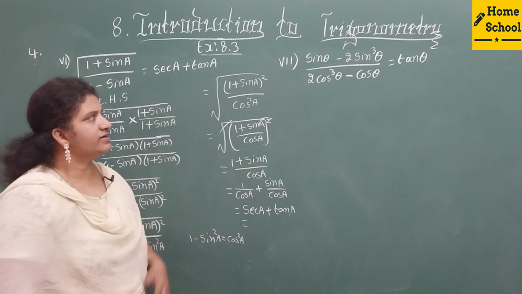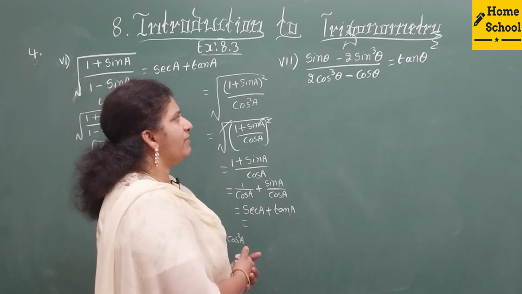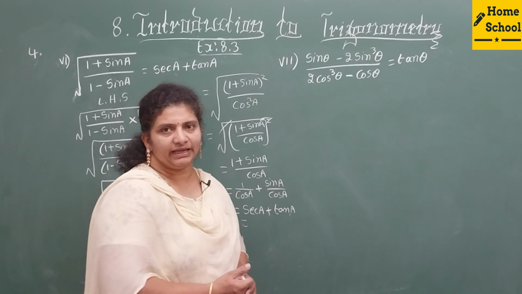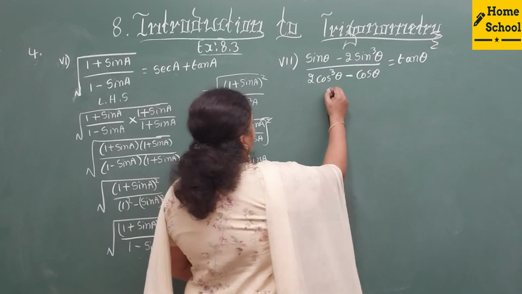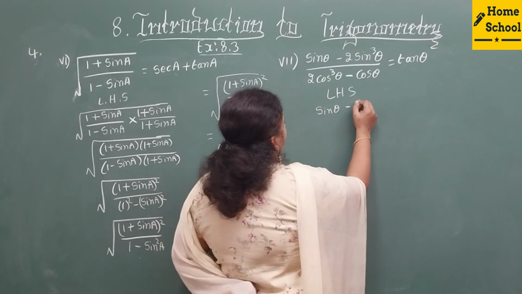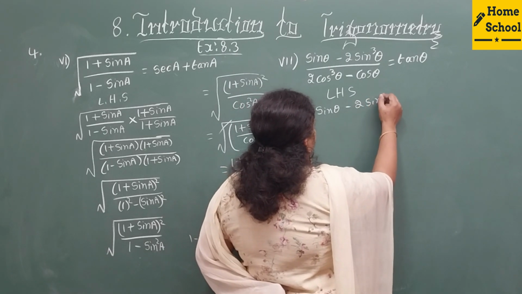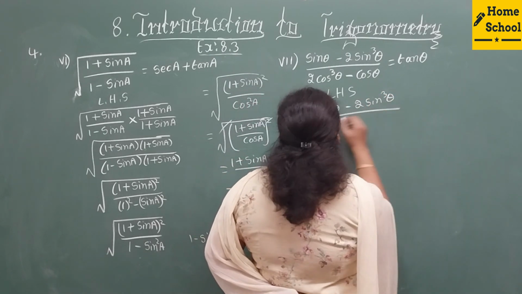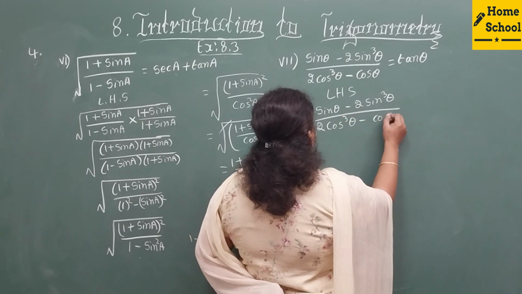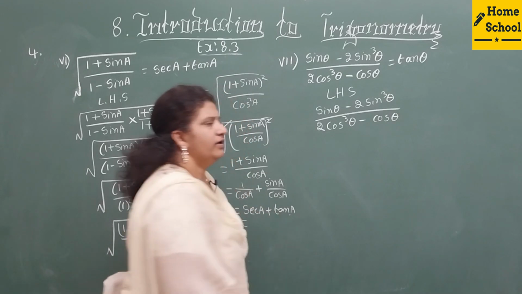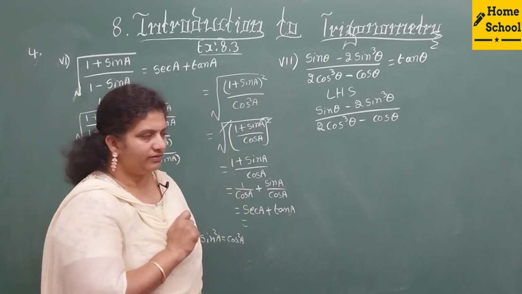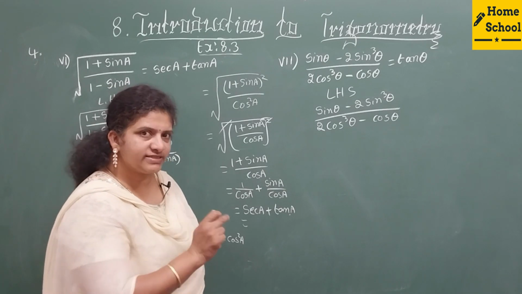Okay. So see the 7th problem. (Sin theta minus 2 sin cube theta) by (2 cos cube theta minus cos theta) equal to tan theta. Consider LHS. In the numerator, is there anything common? Sin theta is common. In the denominator, cos theta is common.